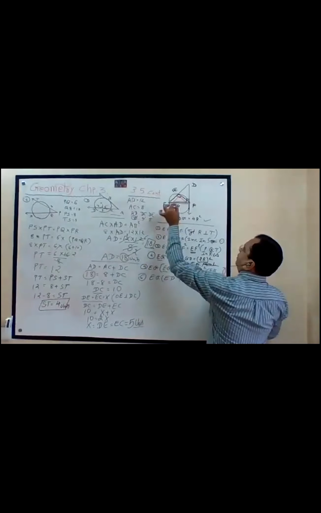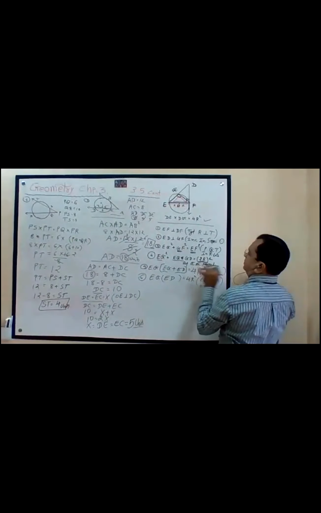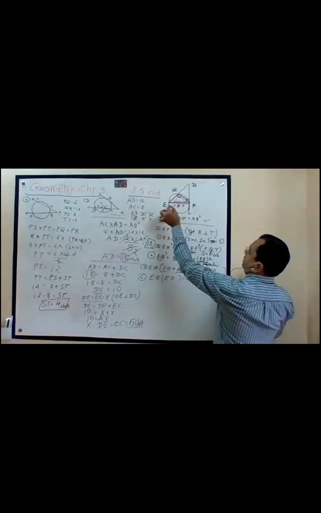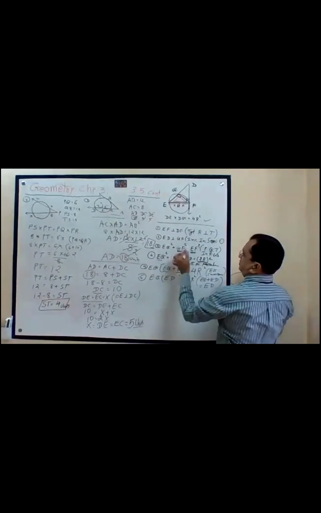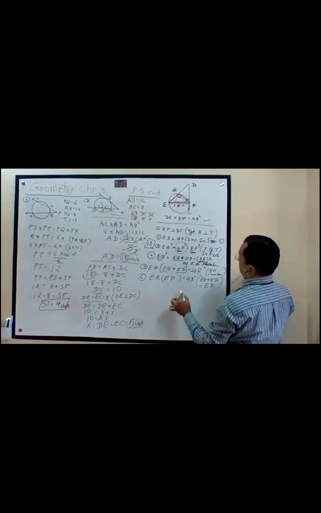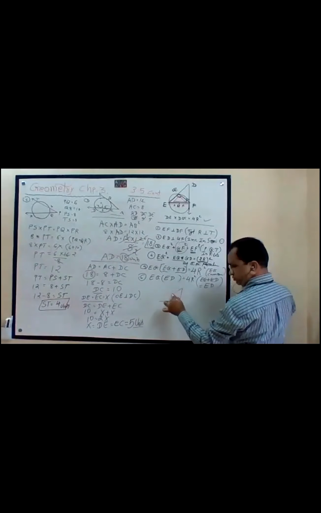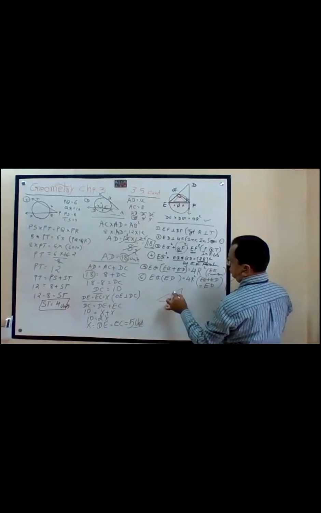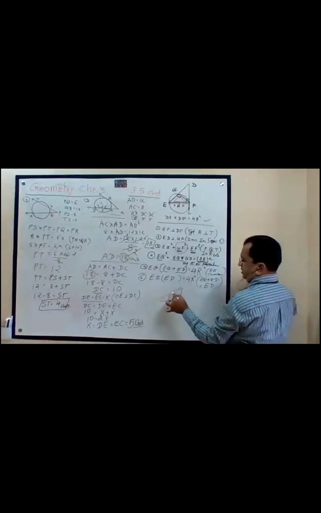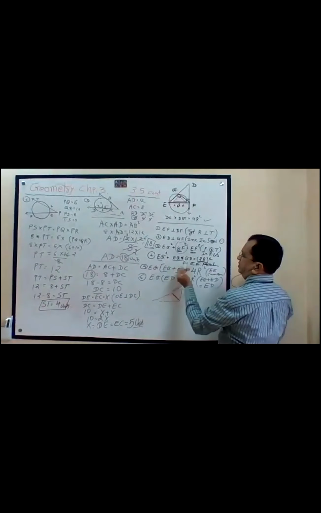Then for this I have written 2 radii. Then EG square, GF square. Now GF square is equal to GE into GD. That is the geometric mean formula that I have substituted here.